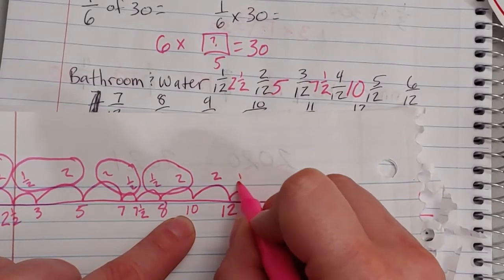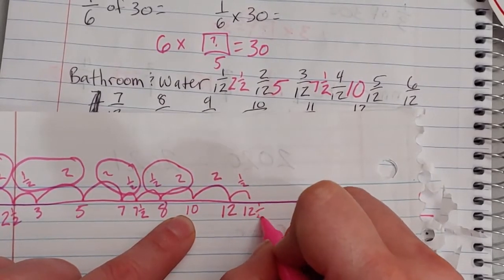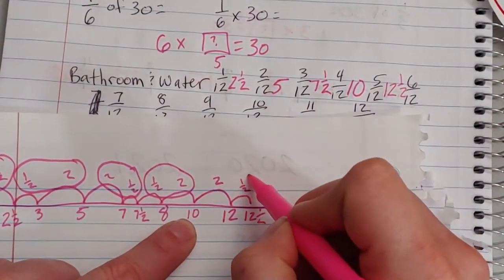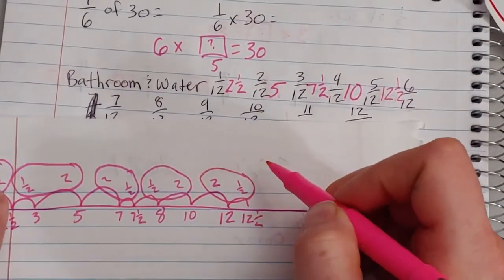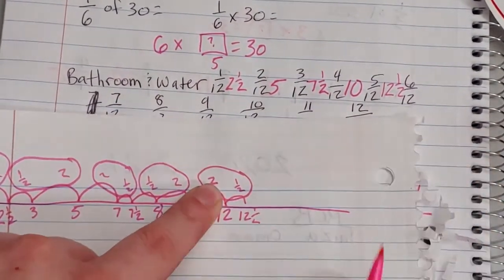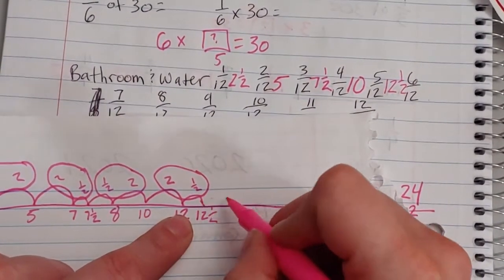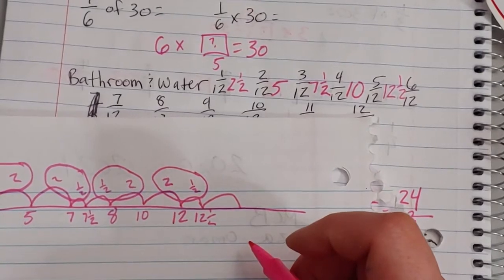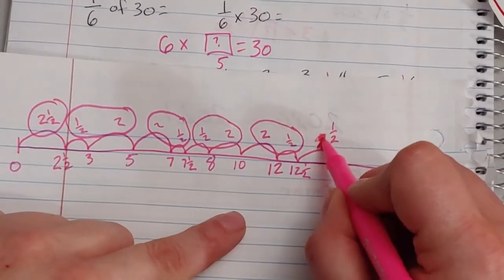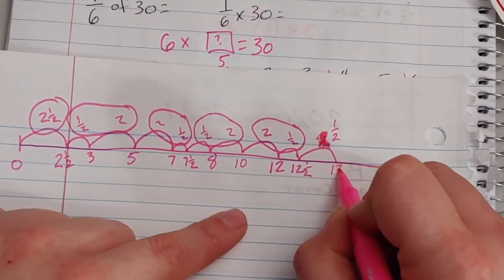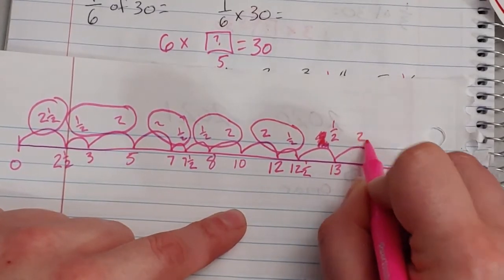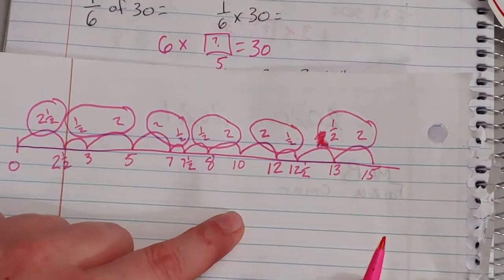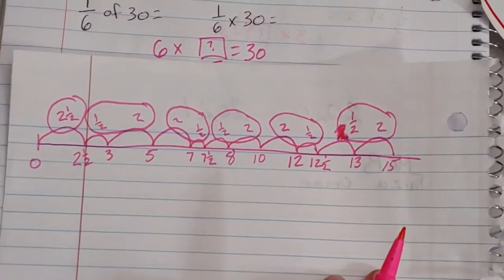Plus the half. So 1, 2, 3, 4, 5. Keep going. Actually, I'm going to add the half first so I can get to 13. Then I'll add the 2 to 15. I'm going to go ahead and finish this and I'll come back and show you the rest of the work.